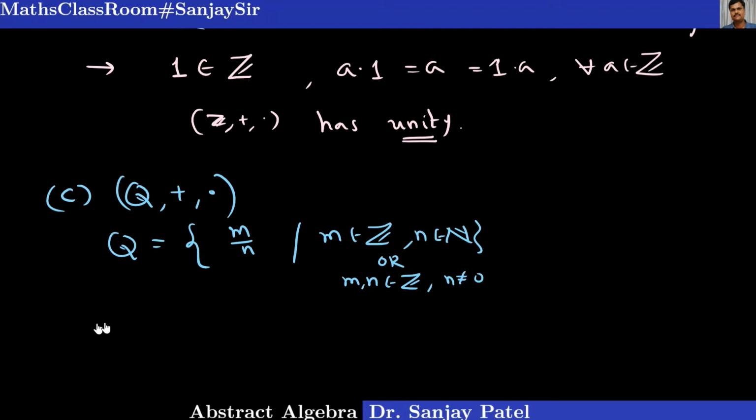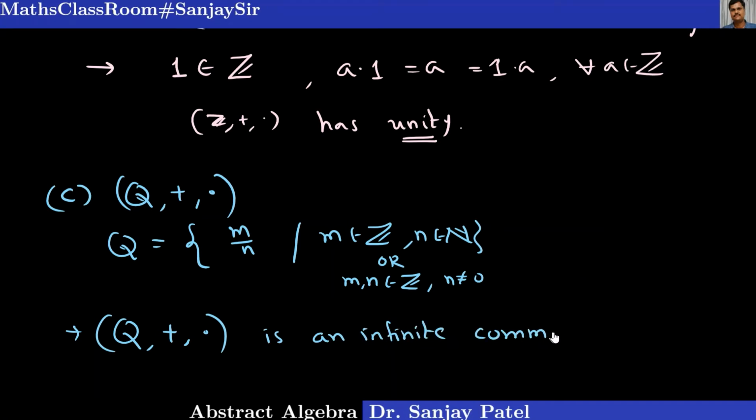And we can verify all the conditions and show that the set Q, plus, dot is also an infinite commutative ring with unity element.